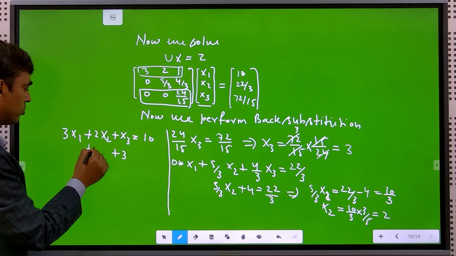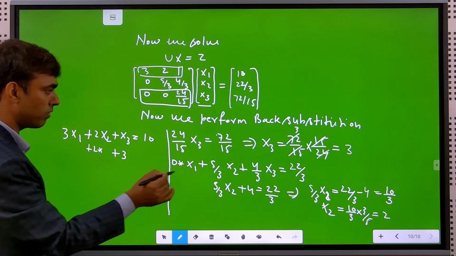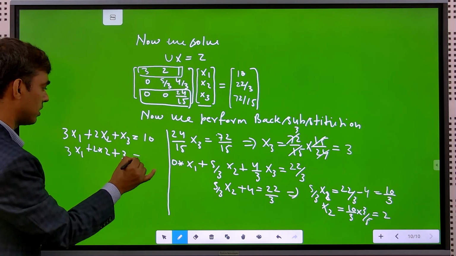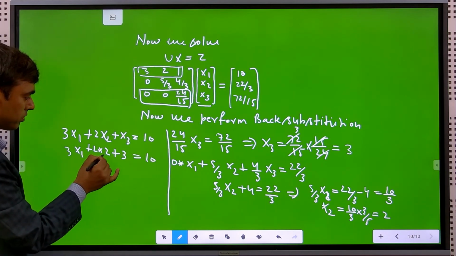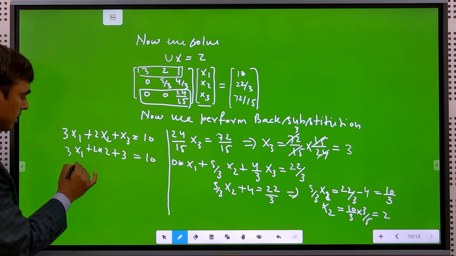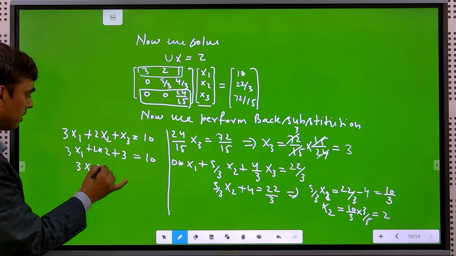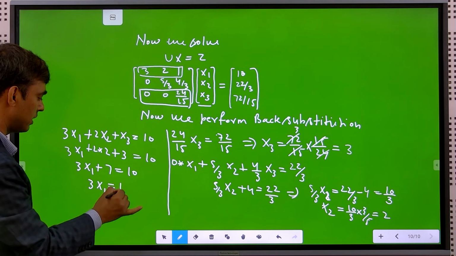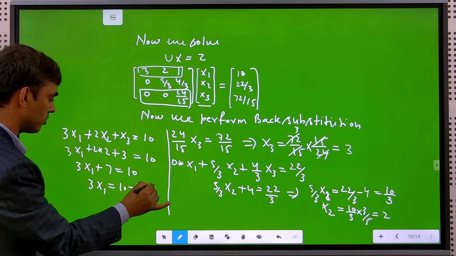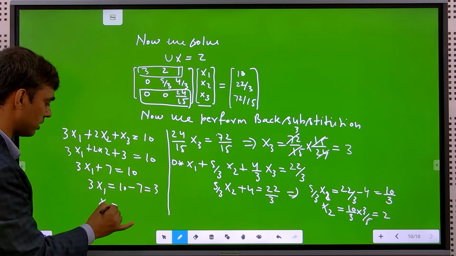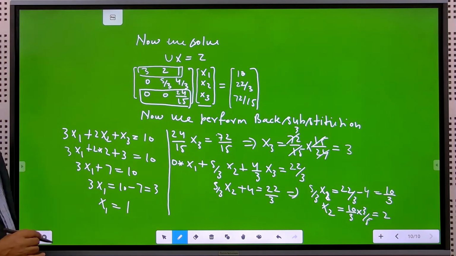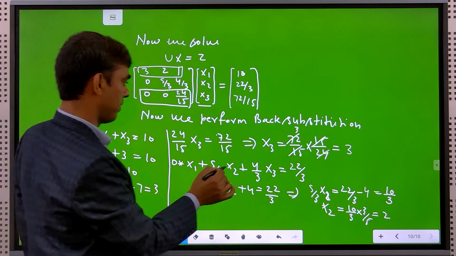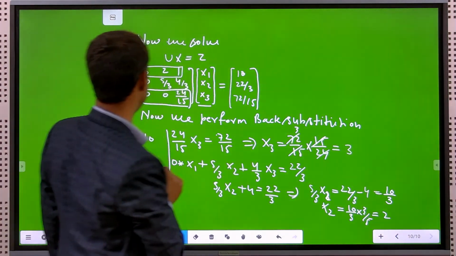The value of x2 is 2. So 3x1 equal to 10, and 2 times 2 is 4, plus 3. This becomes 7. 3x1 plus 7 equals 10. So 3x1 equals 10 minus 7, which equals 3, and the value of x1 is 1. So what is the answer? x1 equals 1, x2 equals 2, and x3 equals 3.